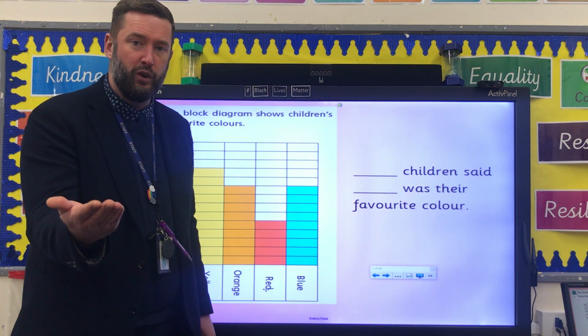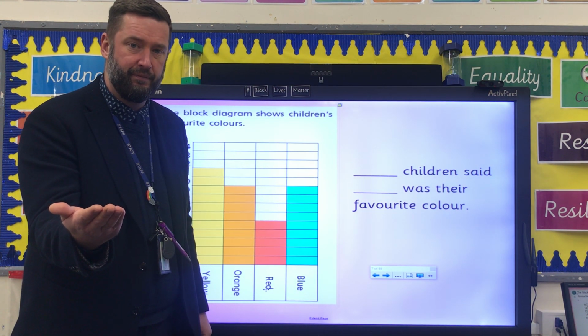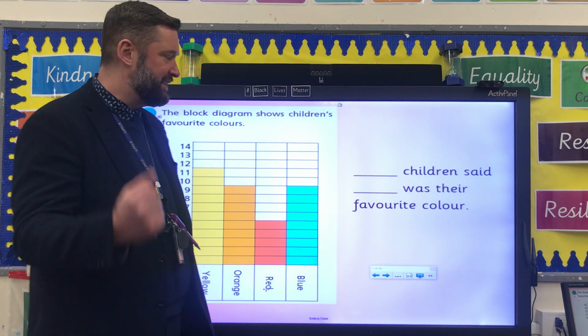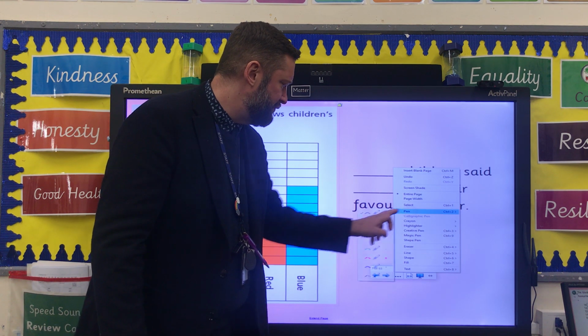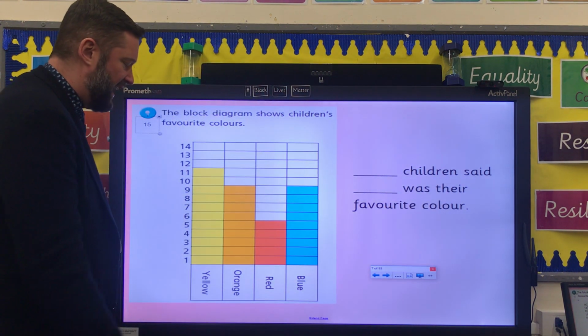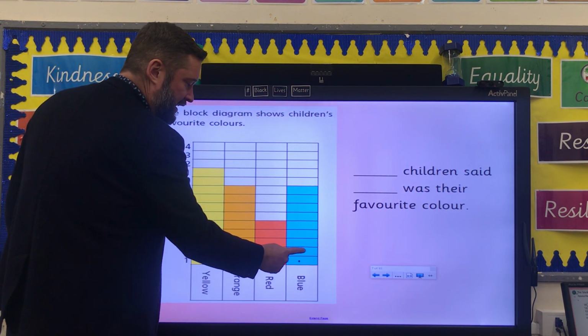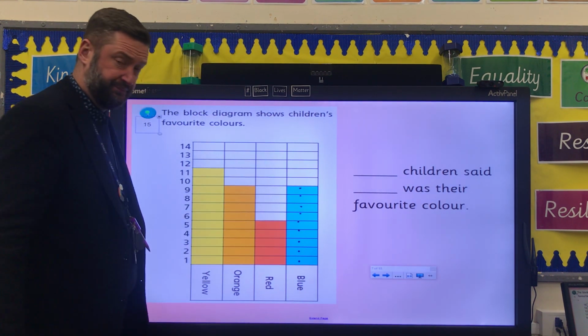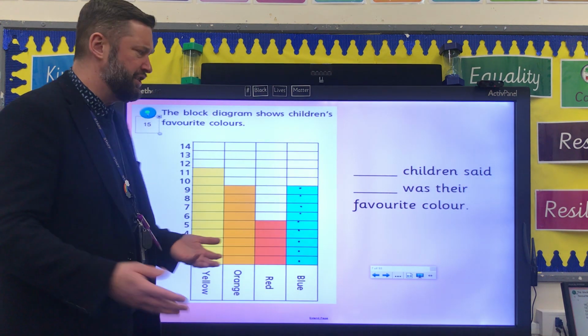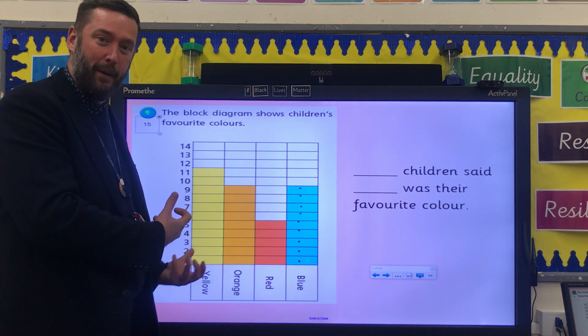Say the whole sentence for me. 9 children said blue was their favourite colour. Now, if you're struggling to read the scale, the numbers on the side, you can still count. That's absolutely fine. Well done. You've just interpreted a block diagram.